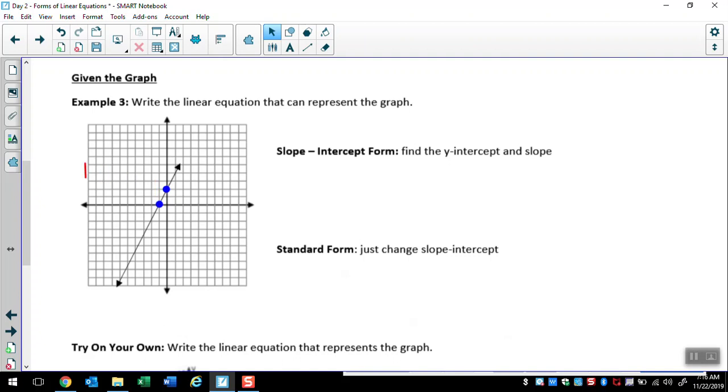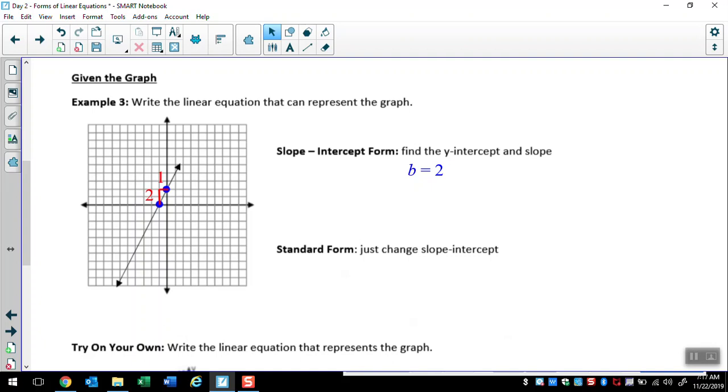All right, so now I have 2 points. My y-intercept I found already, that's 2. So I'm going to write that down because I'm going to need that information. Now my slope, remember, is my rise over my run. So my rise from one point to the next is I had to go up 2, and then I had to run over 1.